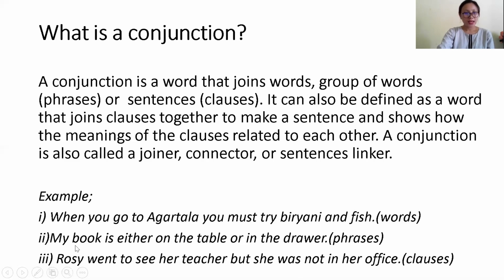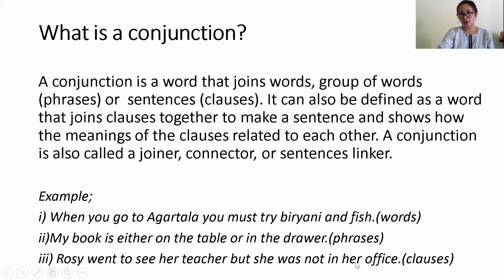All right. And number 3, Rosie went to see her teacher, but she was not in her office. What type of sentence is this? See, it is a clause, all right? We call it a clause. Why? Because this sentence is made of two parts. See, Rosie went to see her teacher: one sentence.